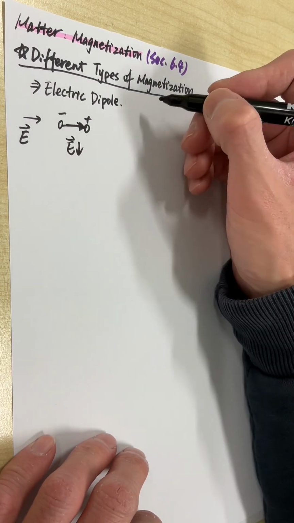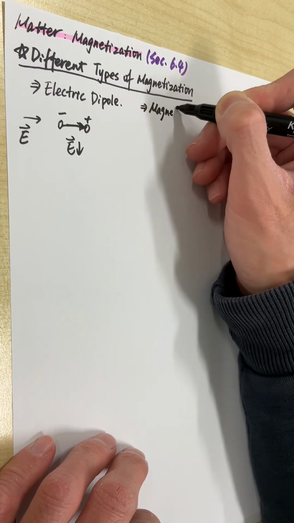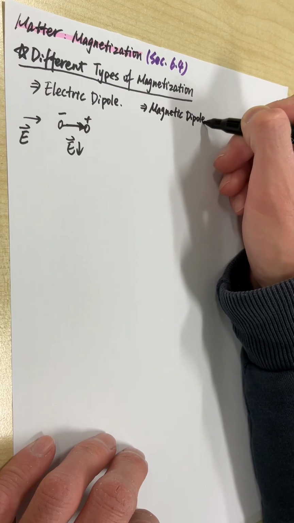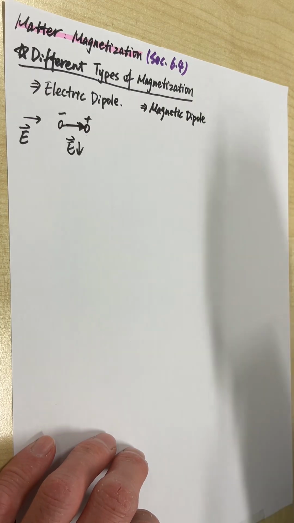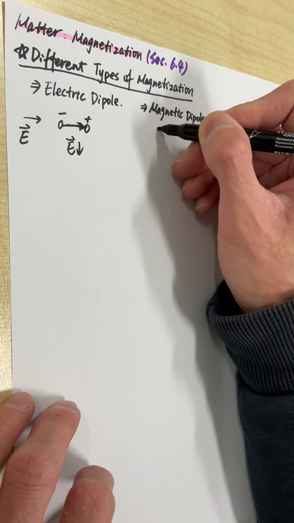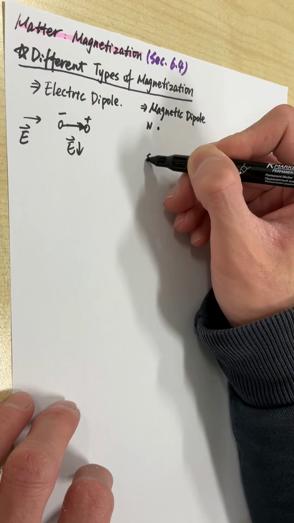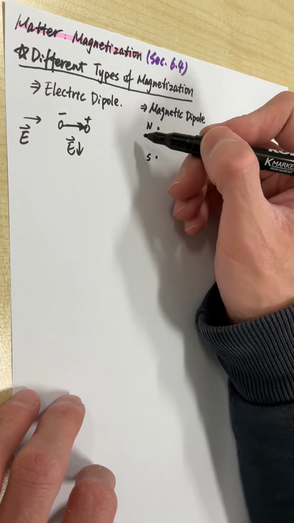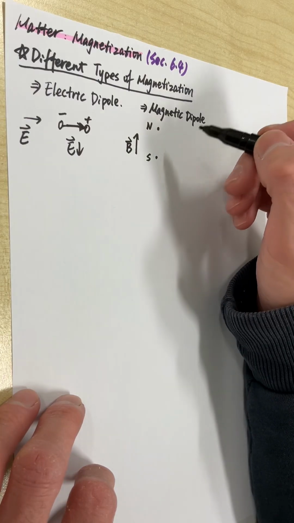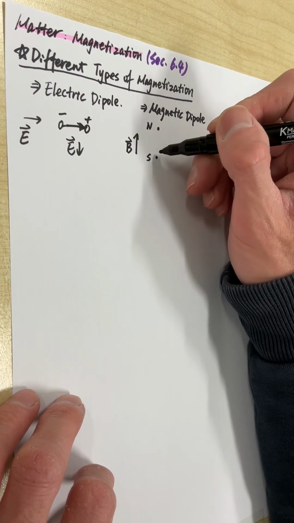So what happens to the magnetic field? Is there a magnetic dipole? Before Ampere's time, people used to think there is a north pole and south pole, and so when we apply an external magnetic field, then a north pole and south pole will be created.